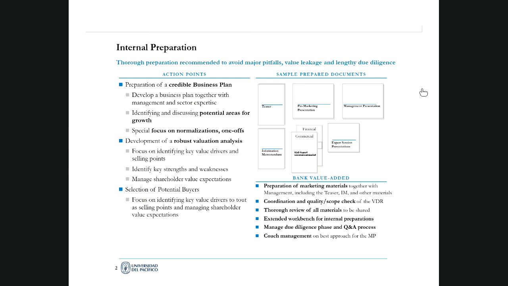business plan. Okay? This is done, as you say here, identifying the key value drivers, identifying the strengths and weaknesses, and understanding how management and sellers or owners see the future of the business. How do they see competition? How do they see the market, etc., etc.? Okay?